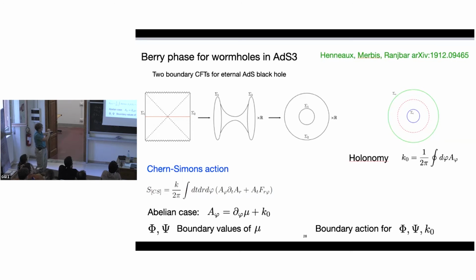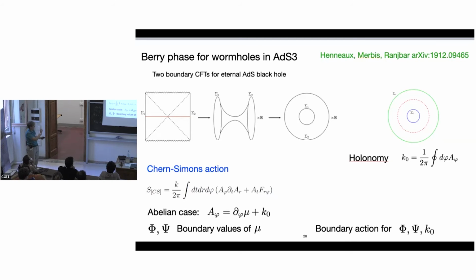And now if you look through one throat of the wormhole towards the other, then that's what you see. And then you can very naturally define a holonomy by going around the other end of the wormhole. And so this is the holonomy that you get. Now, these authors first considered a very simple U(1) Chern-Simons action in AdS3, which is written here, and also just the abelian case.